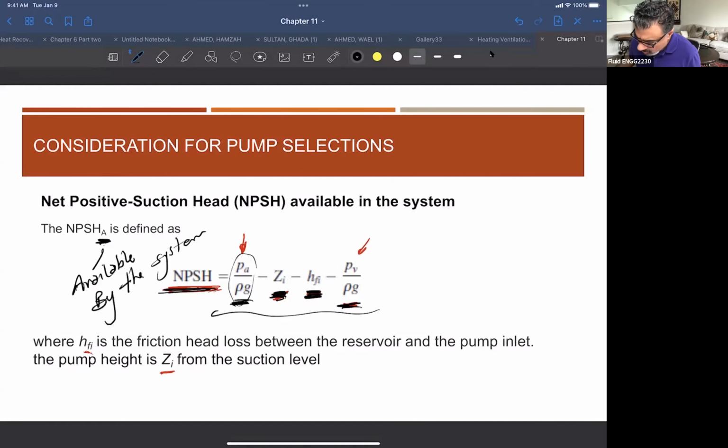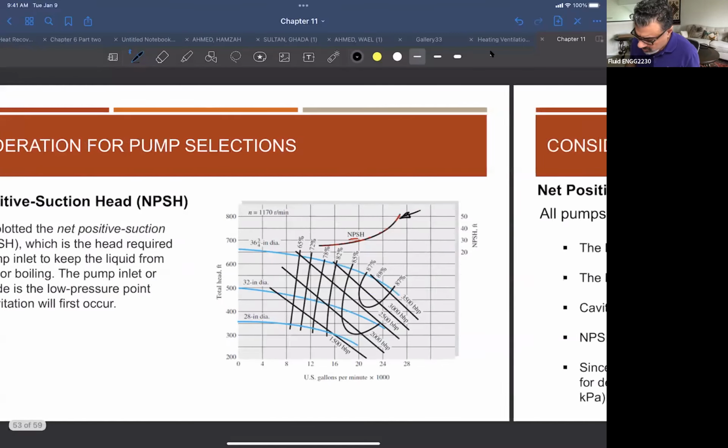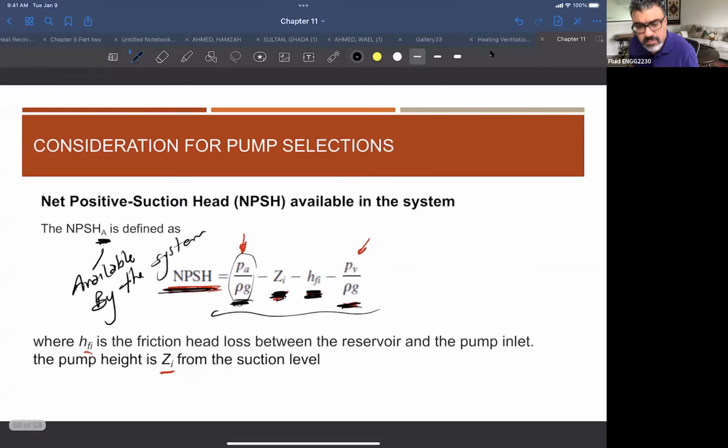The pump's requirement is graphed on this chart here. So what you need to do is calculate this for the system and see the difference. If this available net positive suction head is greater, that means there is no possible cavitation. If it's less, you might see cavitation happen.